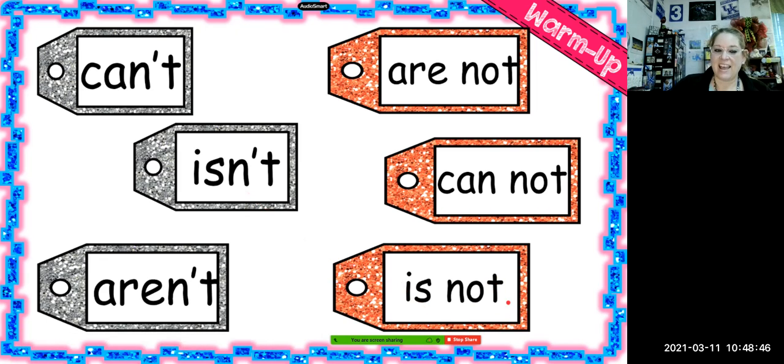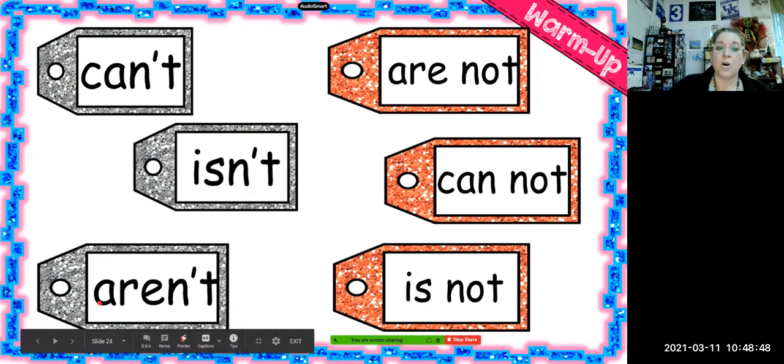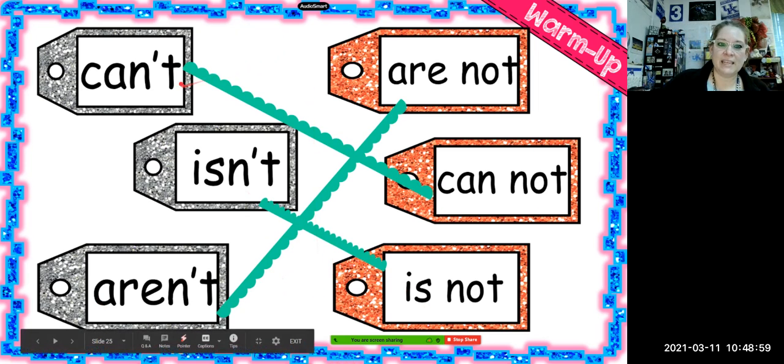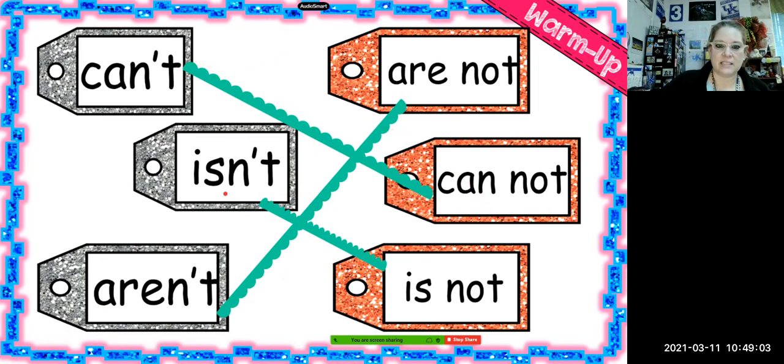Yes. And then our last one is aren't. Which one is that a match to? Are not. Very good. So can't is a contraction for cannot. Isn't is a contraction for is not.